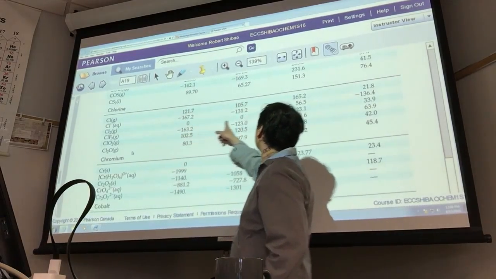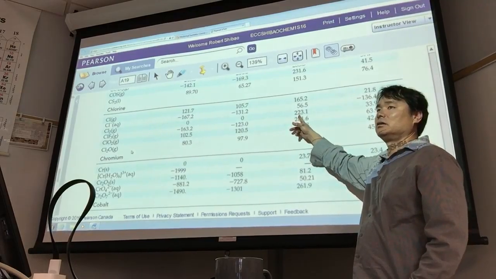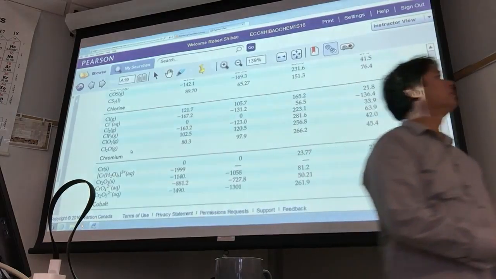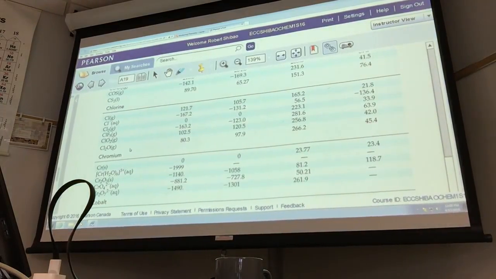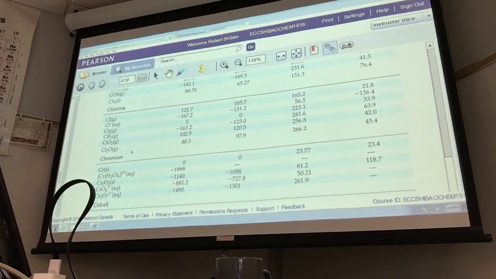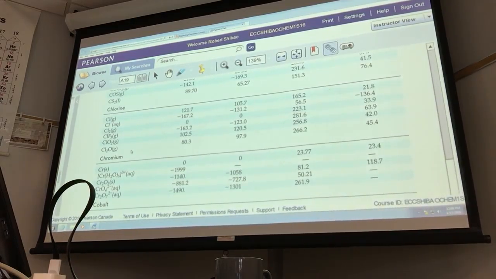Here's chlorine gas. Oh, actually, it's quite a bit higher. 223.1 joules per mole Kelvin. That's going to be 1/2 mole. We have half as much gas, so it should have half as much entropy.